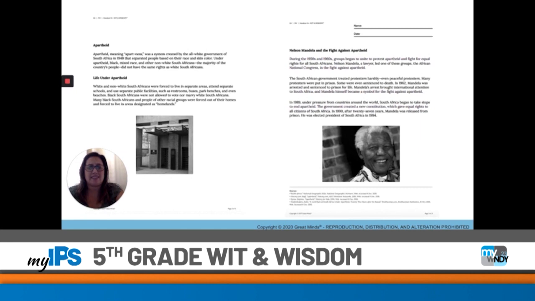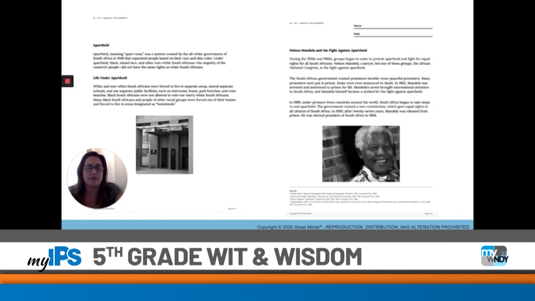In 1962, Mandela was arrested and sentenced to prison for life. Mandela's arrest brought international attention to South Africa, and Mandela himself became a symbol for the fight against apartheid. In 1989, under pressure from countries around the world, South Africa began to take steps to end apartheid.